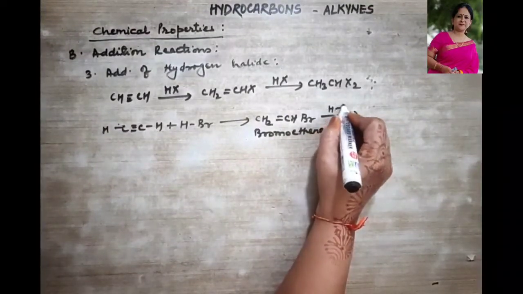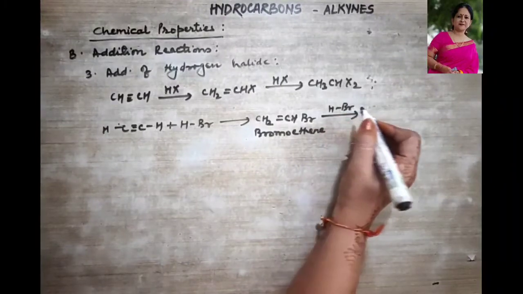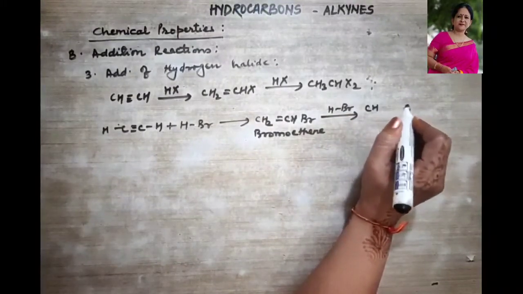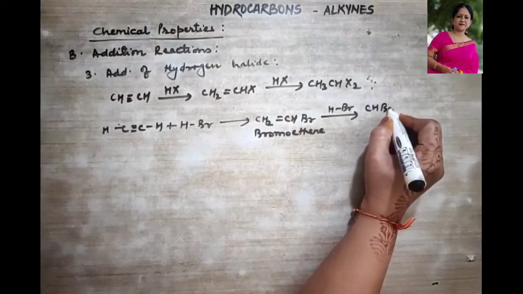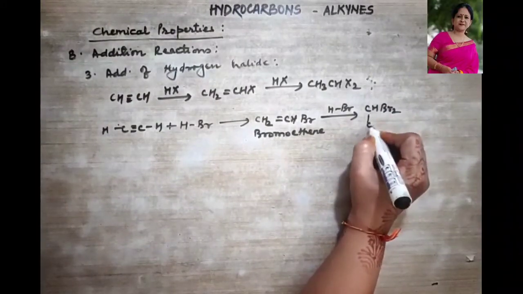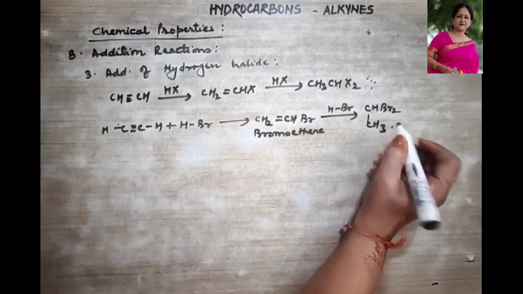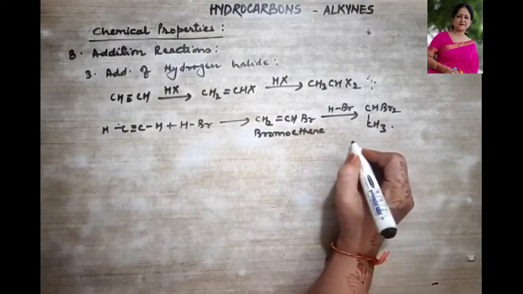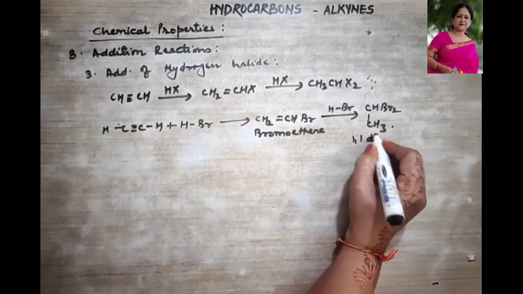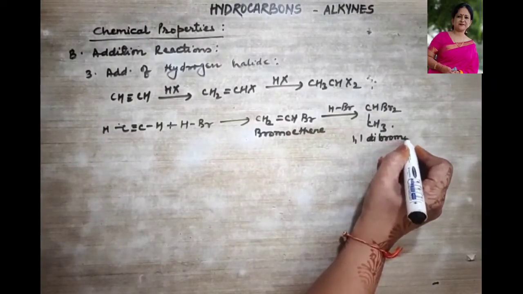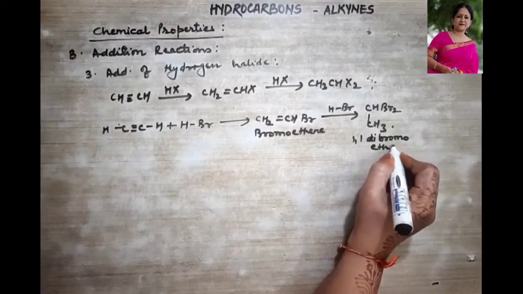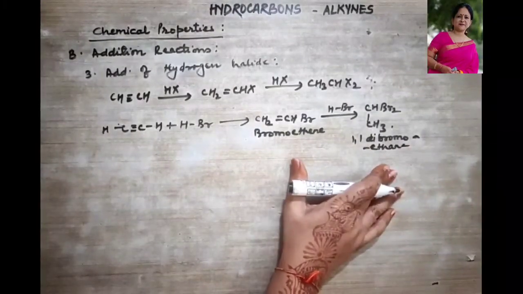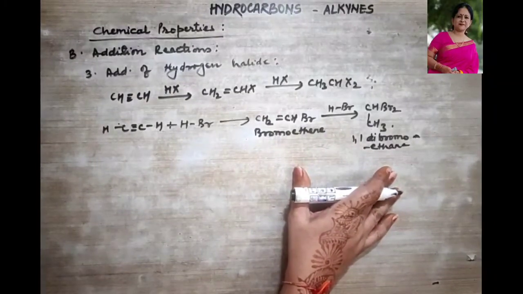And then further, when we add more of this HBr, it is going to form 1,1-dibromoethane, that is CH3CHBr2. This is 1,1-dibromoethane. Clear? I hope this point is very clear.